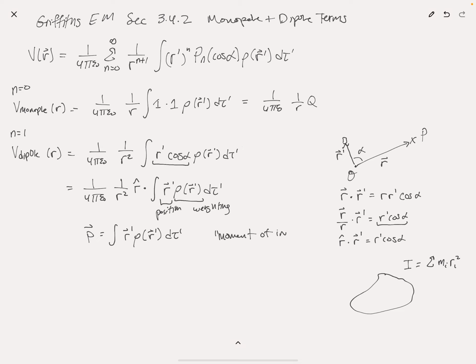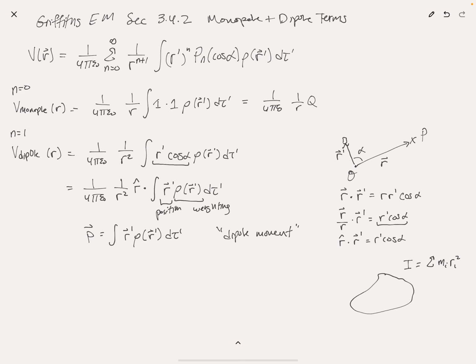That's the moment of inertia. Oh, that was a Freudian slip. That's the dipole moment. If I know where those charges are and I know how many charges I have, I can calculate the dipole moment of my continuous charge distribution.